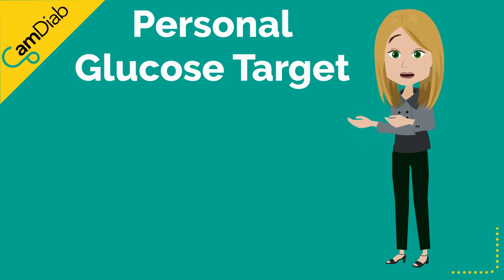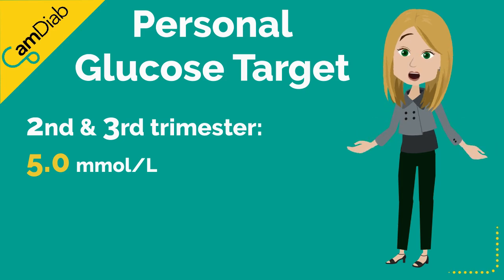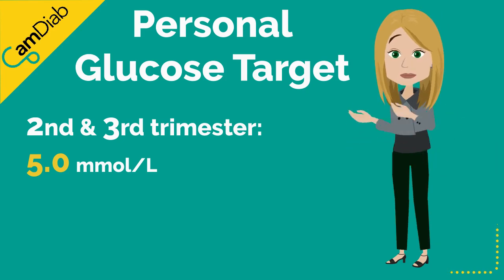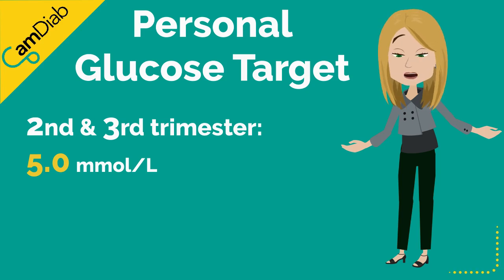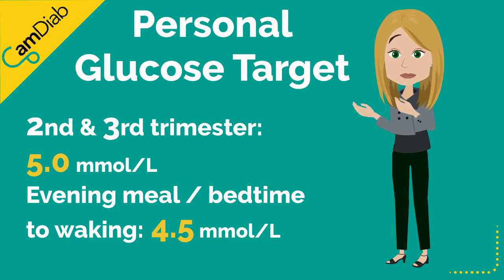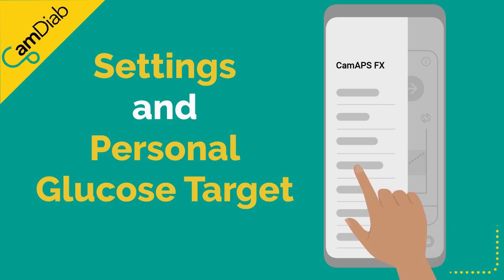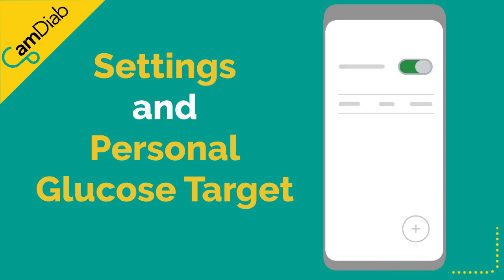In the second and third trimester, the personal glucose target is often lowered to 5 millimoles per liter in the daytime. If appropriate, the overnight target might be adjusted from the evening meal or bedtime to waking to 4.5 millimoles per liter. You can change your target in the settings and personal glucose target menu in the app.